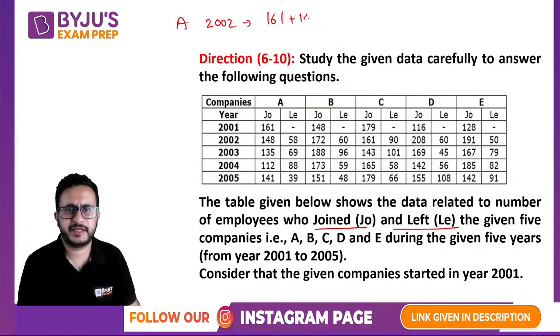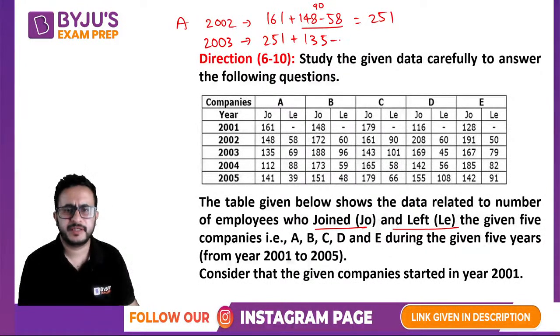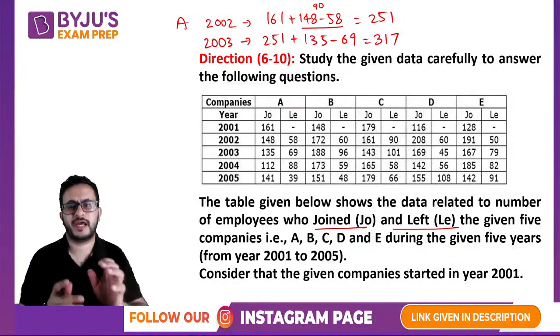Now 148 joined and 58 left. So the net increase is 90, that will become 251. Now in 2003 there were 251 employees, then 135 joined and 69 left, so that will become 317. Like this you will have to calculate.